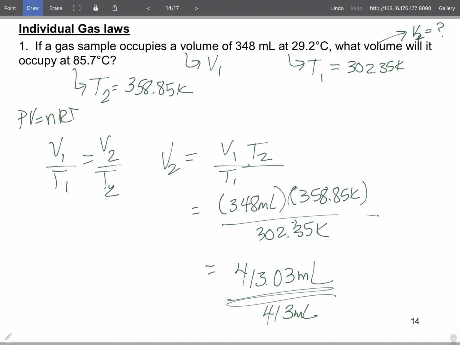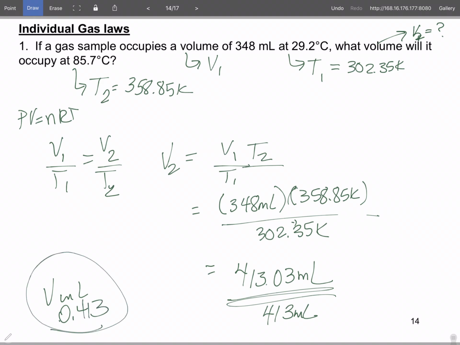Now here's the next question. Wait a minute, this is in milliliters. Can I leave it in milliliters? Yep. The only thing you cannot leave alone is temperature. As long as your volumes are both milliliters, you're fine. You can convert from milliliters to liters. I could have asked for this volume in liters. If I did that volume in liters, then you would give me 0.413.